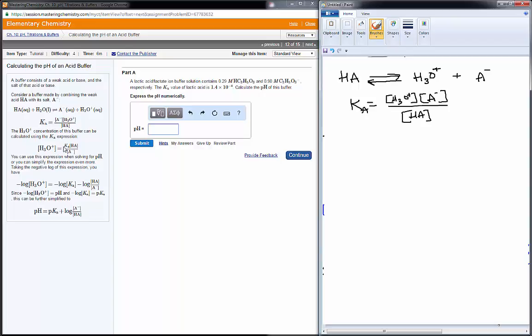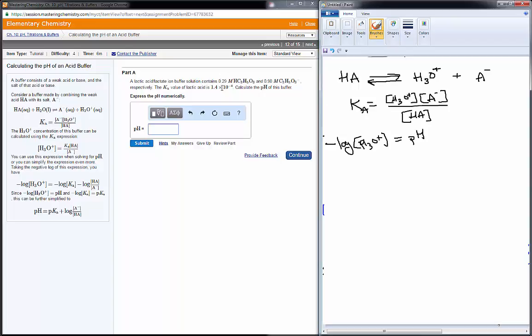I'm fine with just using this. And then once we solve for that, we just take the minus log of it. So we don't have to use the pKa and go through all this fancy stuff with logs. So we're going to stop here and remember that the minus log of my H3O plus is equal to the pH.